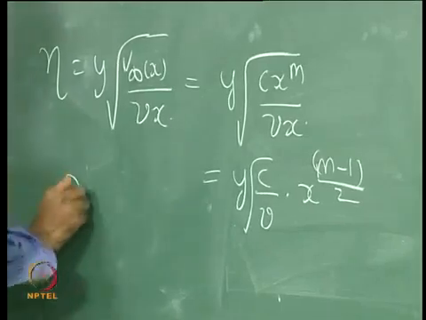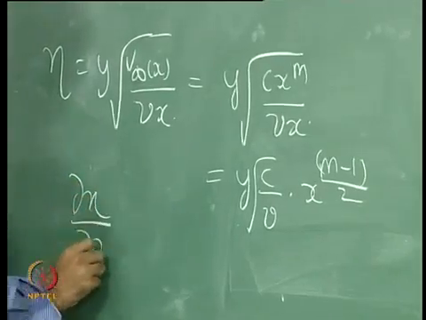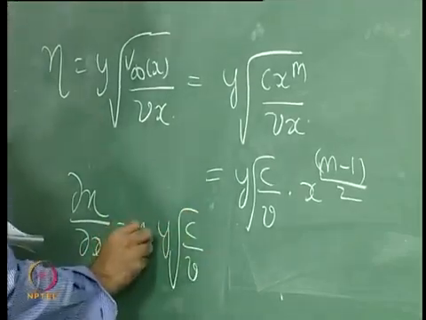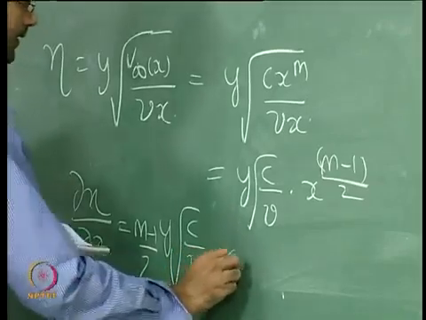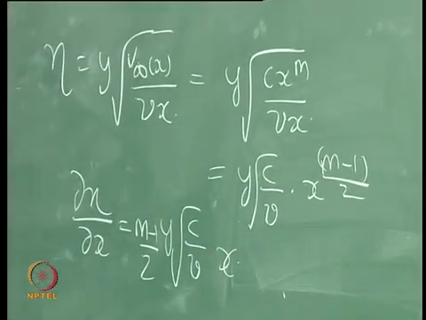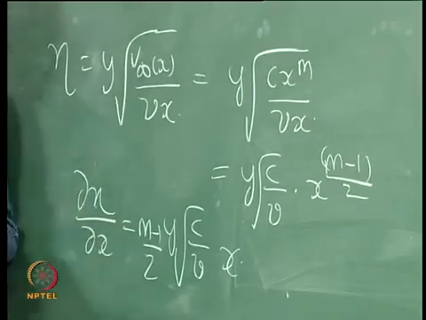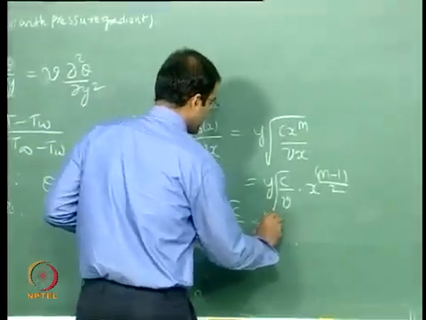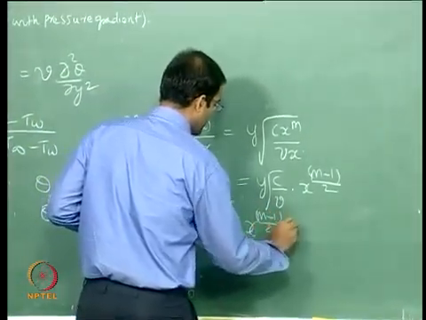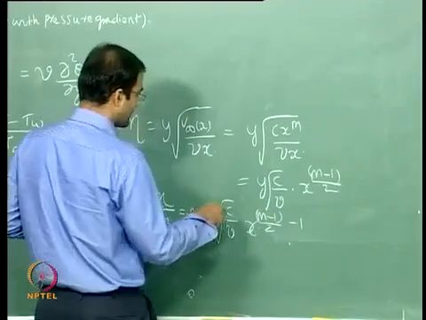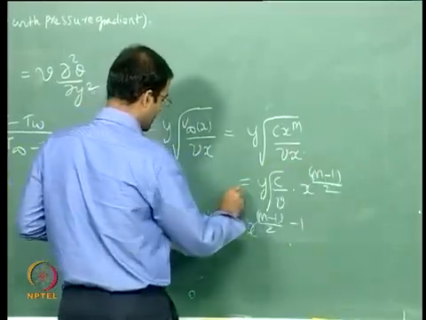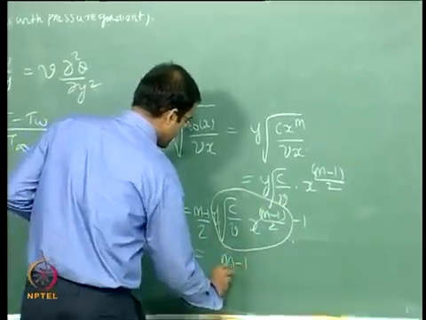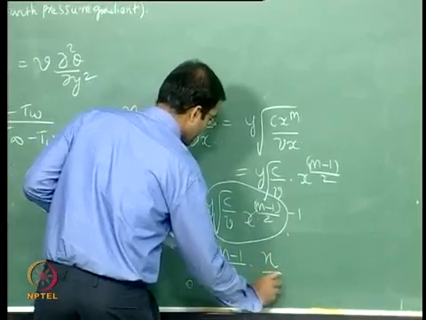Therefore d eta by dx will be y square root of c by nu into m minus 1 by 2 into x power what? If I differentiate, what should I get? Exponent m minus 3 by 2, so I can write that as m minus 1 by 2 minus 1. So once again y c by nu x power, this entire thing is eta. So this will be m minus 1 by 2 into eta by x.